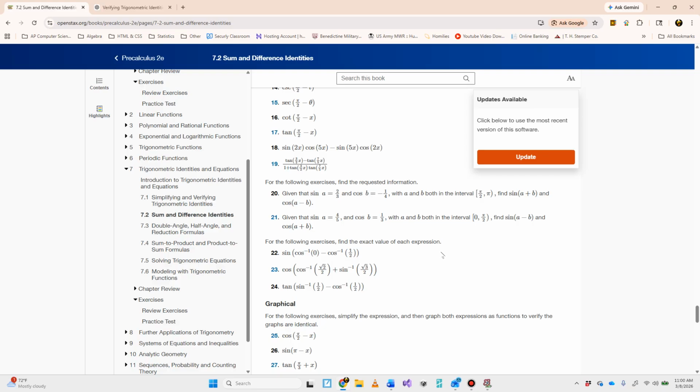Remember, for my function, this value here is not an angle. That is a value. The output of an inverse function is the angle, okay? So whatever this is, it's going to come out as an angle.